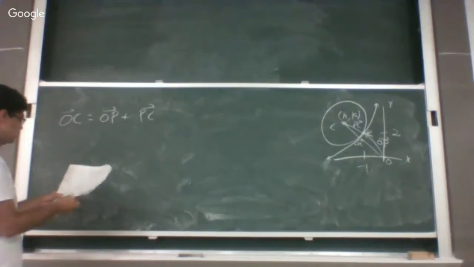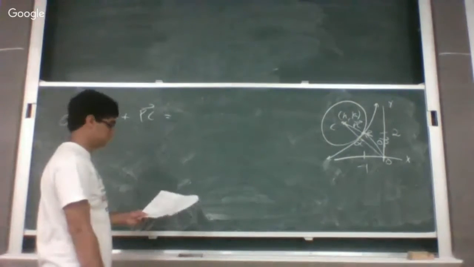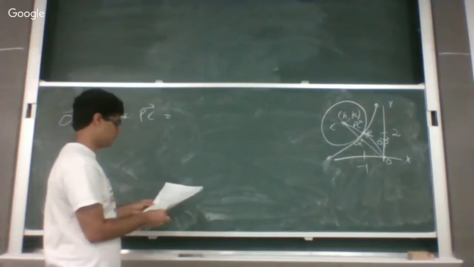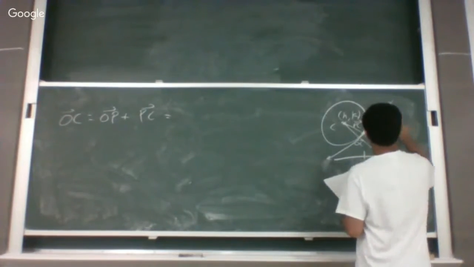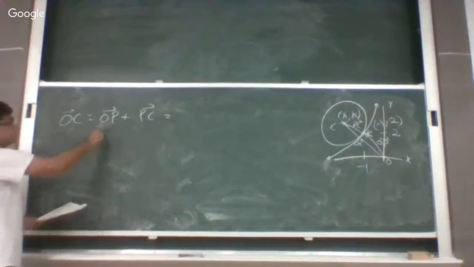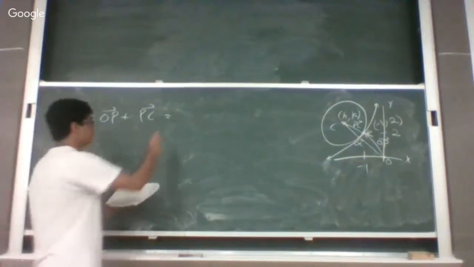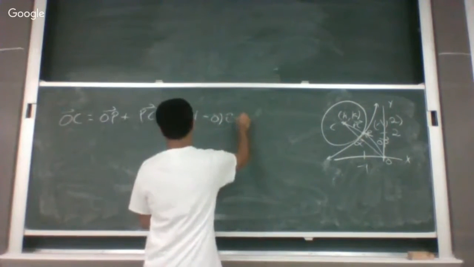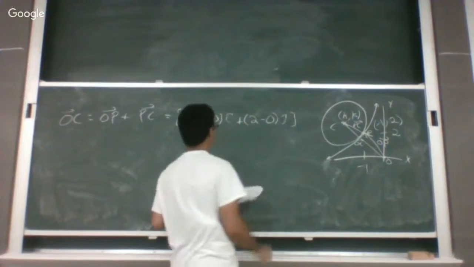Now this is equal to, we know the point P already, and that was -1, 2. So when we go from the origin to the point P, we do final minus initial. So we have -1 minus 0 i plus 2 minus 0 j. Okay?